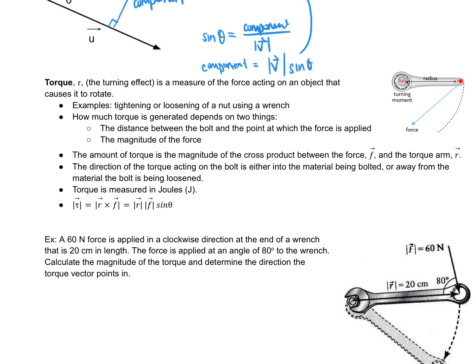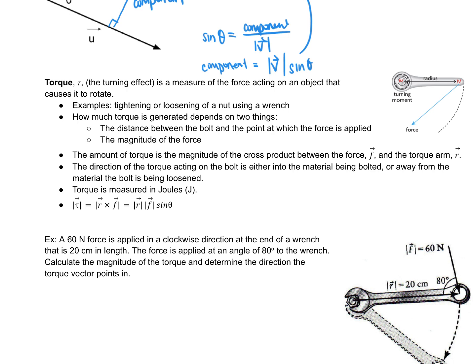And you're applying a force at the end of this wrench. Now, how much torque is generated depends on two things: the distance between the bolt and the point where the force is being applied, so the distance from here to here, and the magnitude of the force that is actually being applied, so this force here.